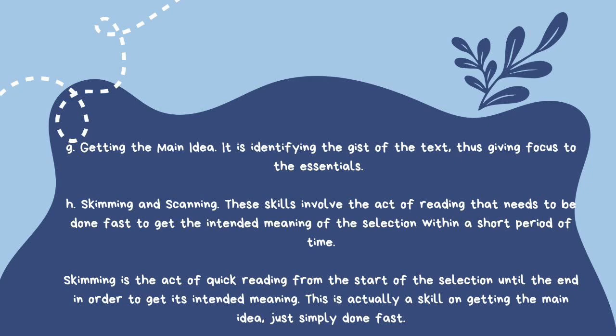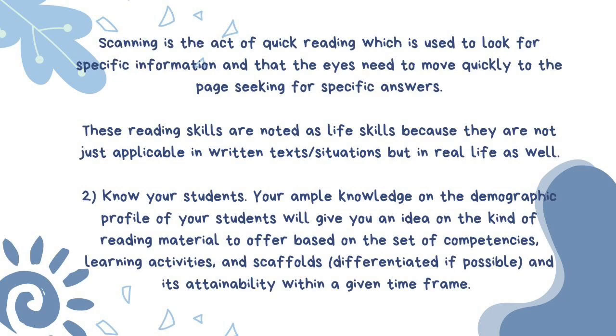It typically involves reading headings, subheadings, and the first sentences of paragraphs to understand the main points without delving into every detail. Scanning, on the other hand, involves quickly searching a text for specific keywords, phrases, or pieces of information.